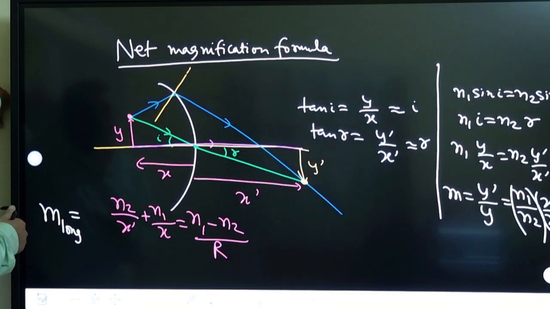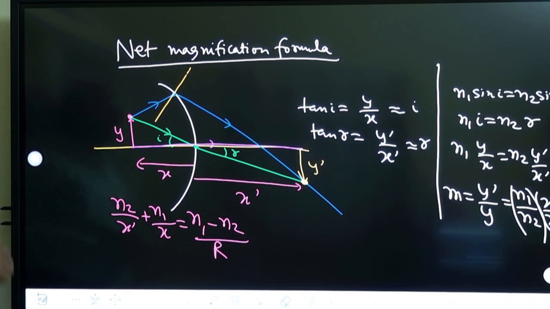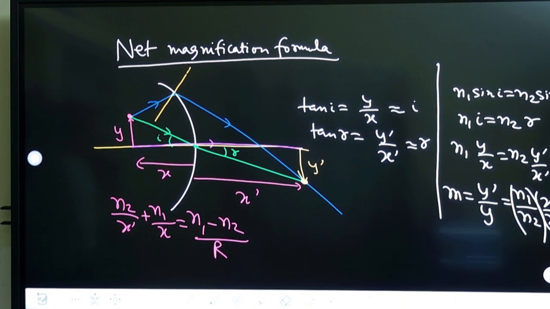X dash by x is not the same magnification. X dash by x is longitudinal magnification. Y dash by y is lateral magnification. In the textbooks they have got confused, I think, full confusion that is. They have not defined which it is. Yeah, too much confusion they are creating.